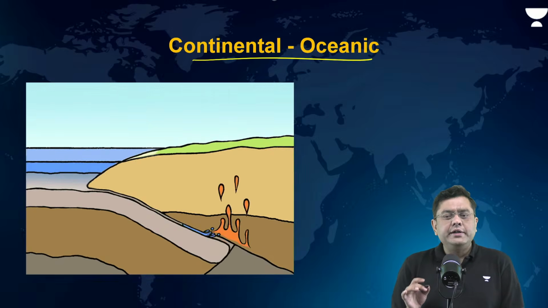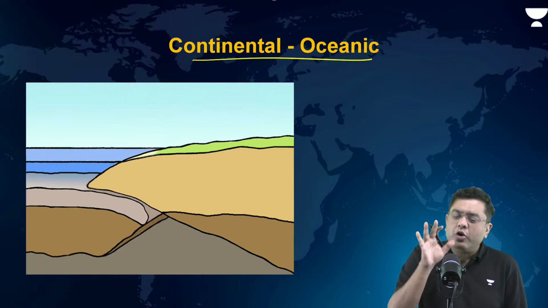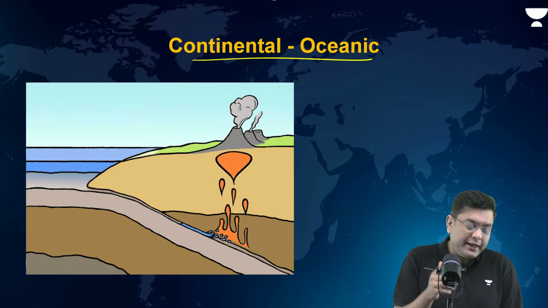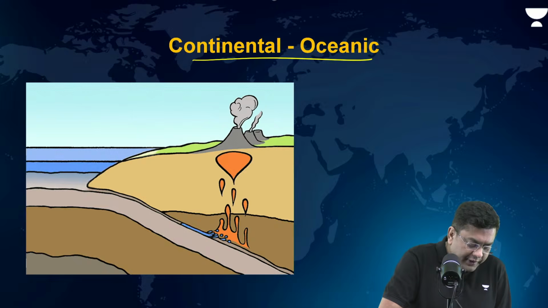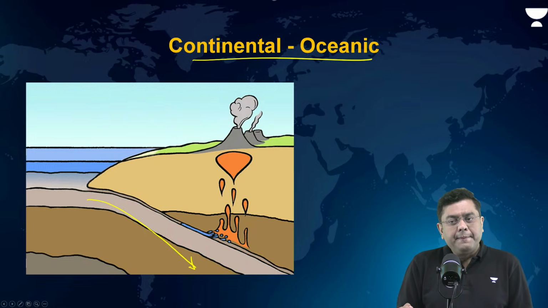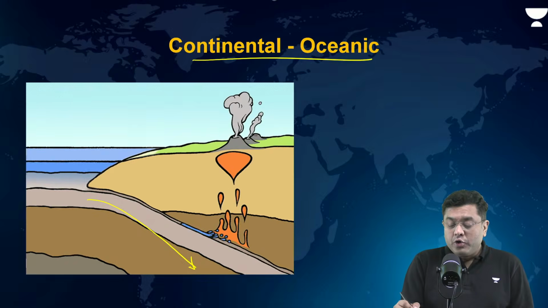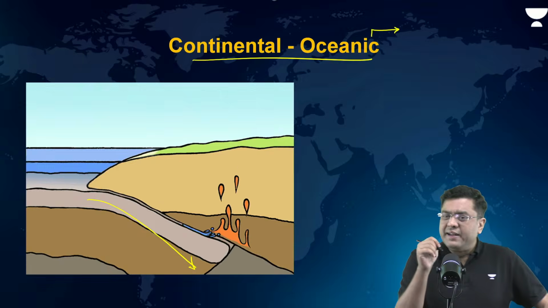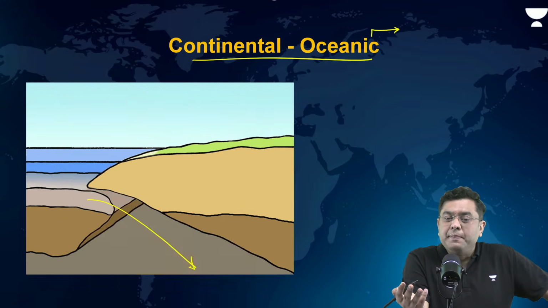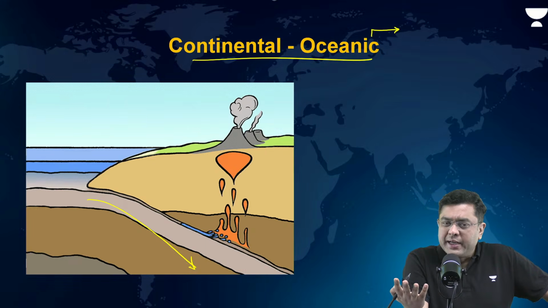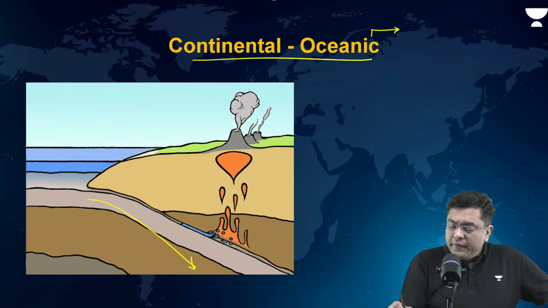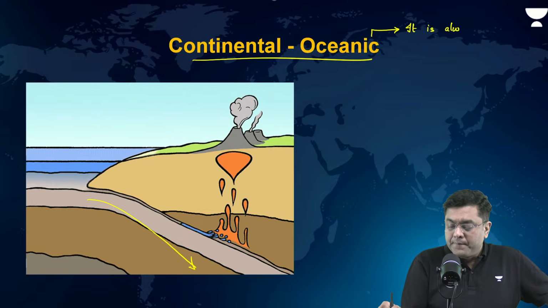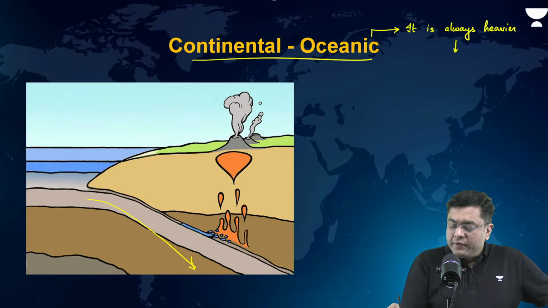Whenever you have continental oceanic, the heavier of the crust or the heavier lithospheric plate will undergo subduction. Oceanic plate is always going to be heavier. Remember, we had discussed in the previous session that oceanic crust is always heavier than continental crust, and as it is always heavier, it undergoes subduction.